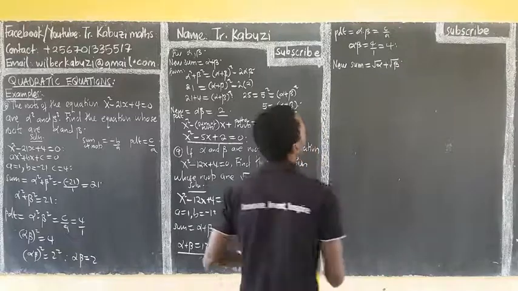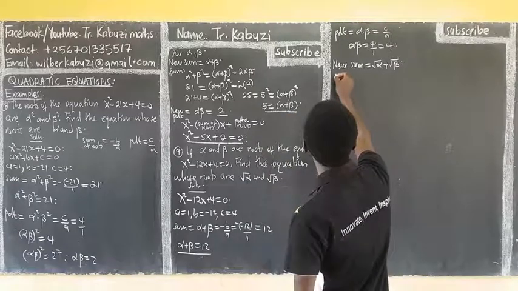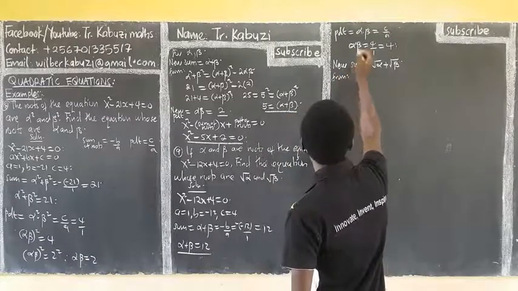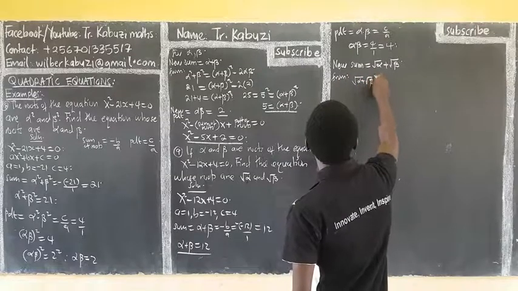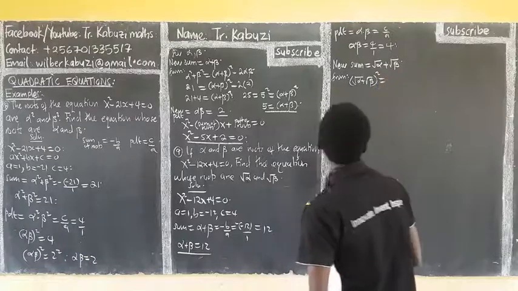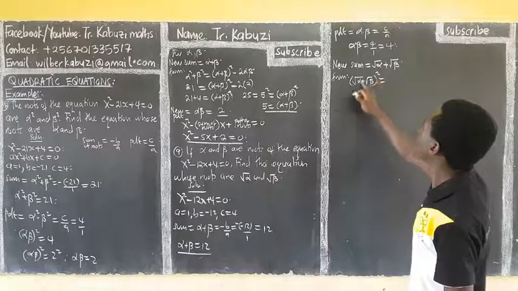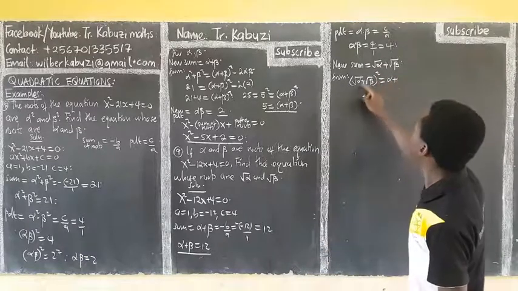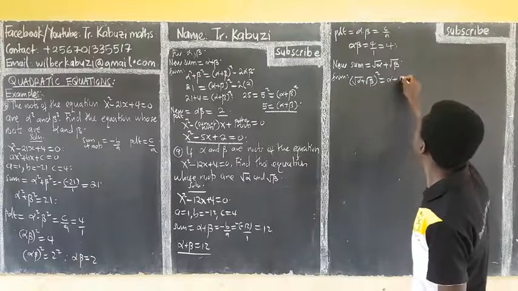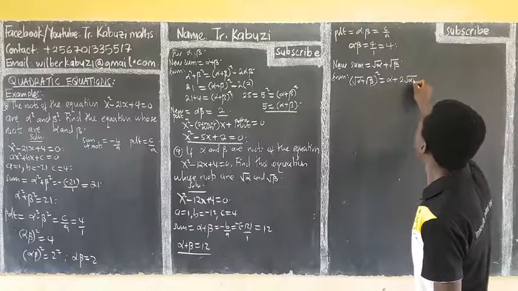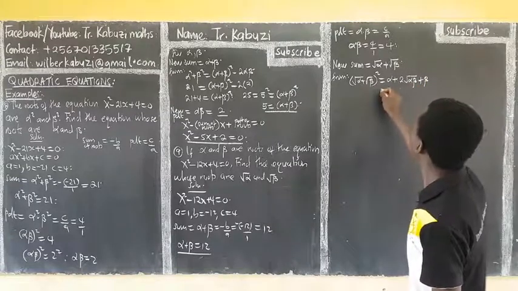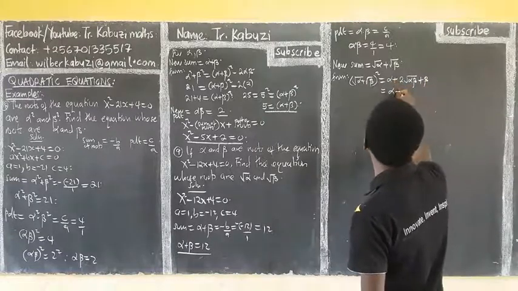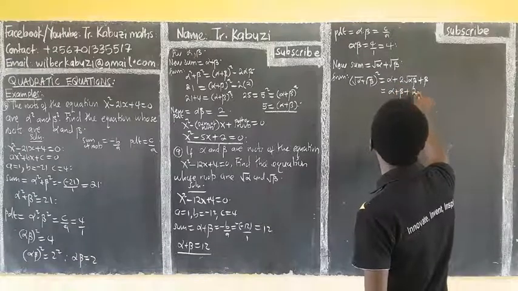When I square root alpha plus root beta, how can we expand this? You square this, you get alpha, plus this and this, then by 2, so 2 root alpha beta, then plus you square this, you get beta. So when I combine this, it is alpha plus beta plus 2 root alpha beta.